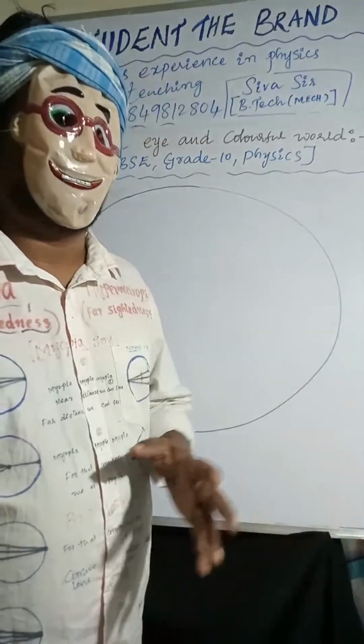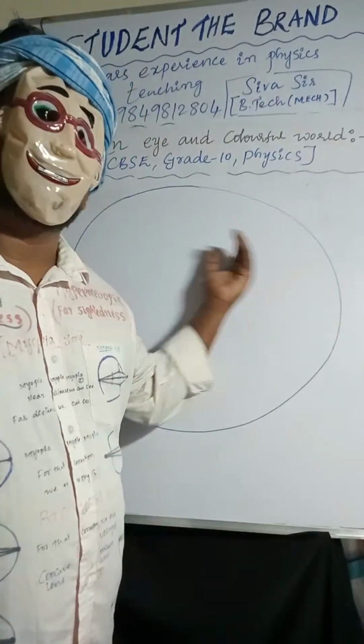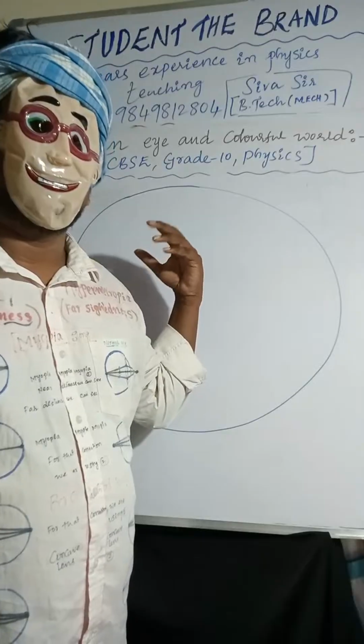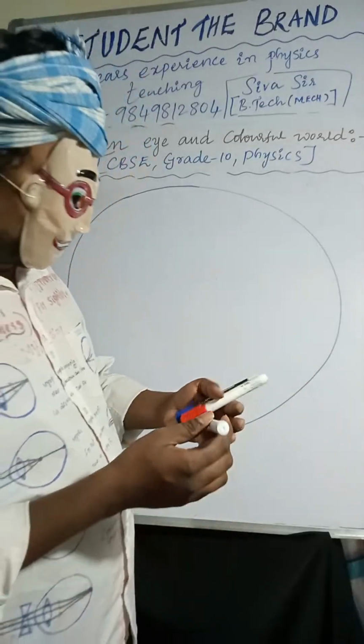Internal reflection takes place, and the light will come out as a rainbow. So now we'll see here.